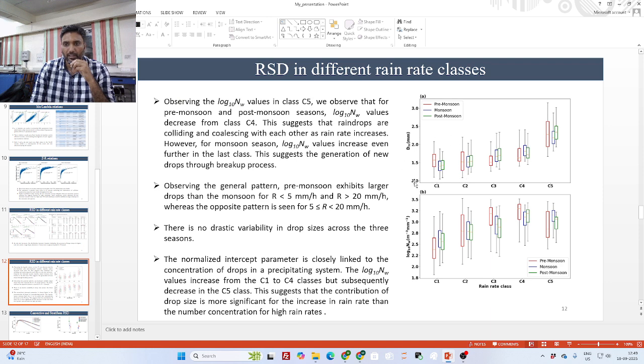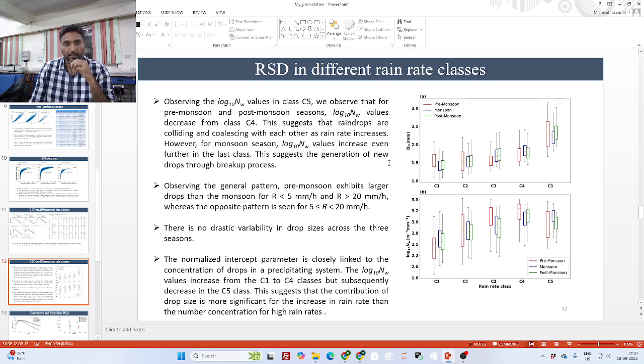We have also created a variation of Dm and Nw in different rain rate classes, and some very interesting results do come out of these plots. One of these is that observing the Nw values in class C5, we observed that for pre-monsoon and post-monsoon, the Nw values decrease while going from C4 to C5.